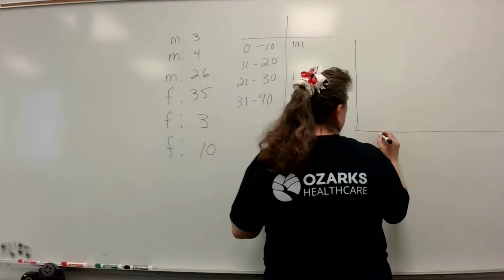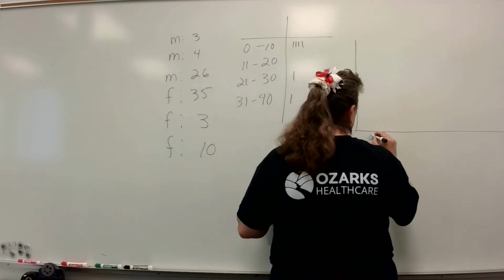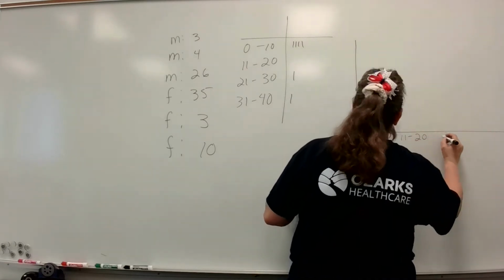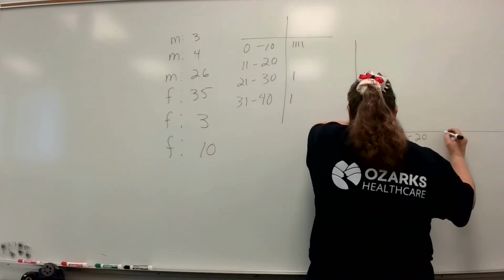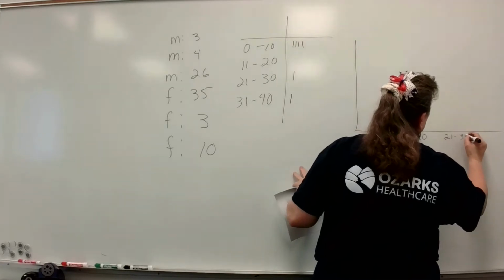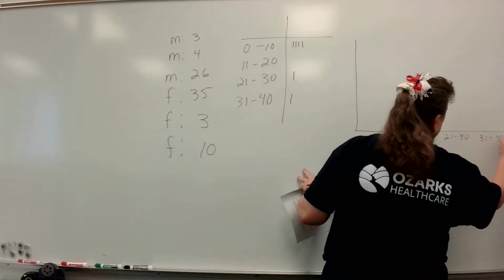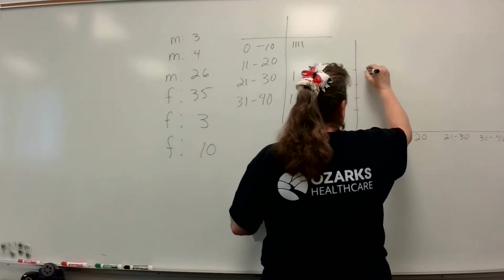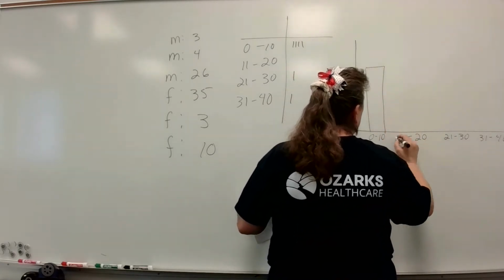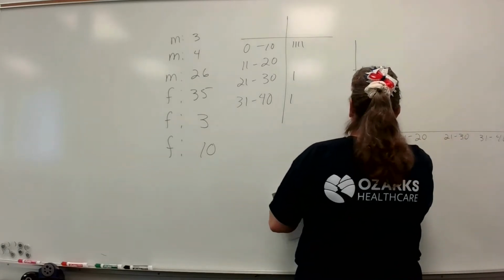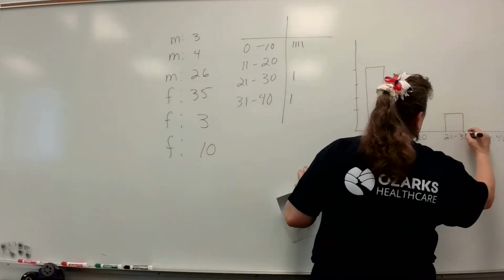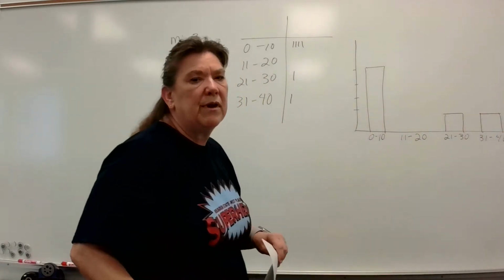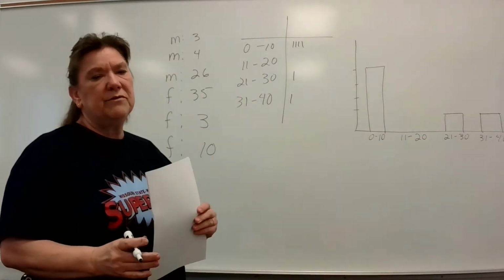So my 0 to 10, 11 to 20, 21 to 30, and 31 to 40. Okay, 1, 2, 3, 4, so this will be my first bar. None here, and then there's 1 here, and 1 here. Okay, so it will build you a bar graph, and they can be nice and colorful, which is kind of nice.